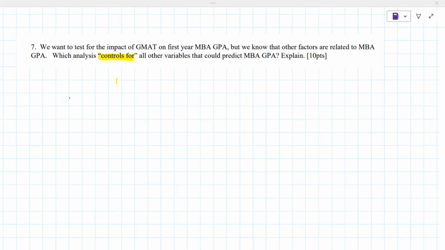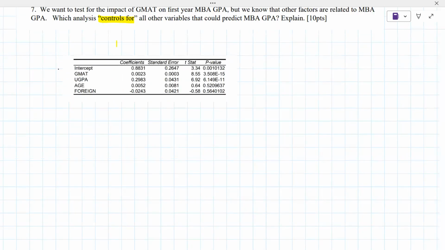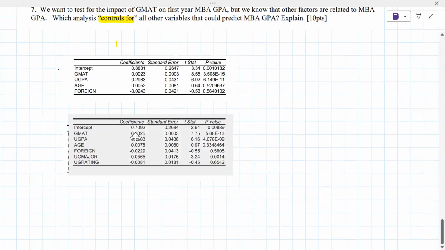All right. So number 7, we looked at this last time, and now I have a better understanding. I'm going to snip in the output from table 7 and table 8. I remember us looking at this, and because I did not know the variables, I didn't give you the right information.